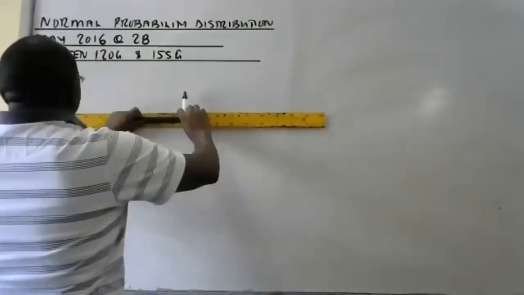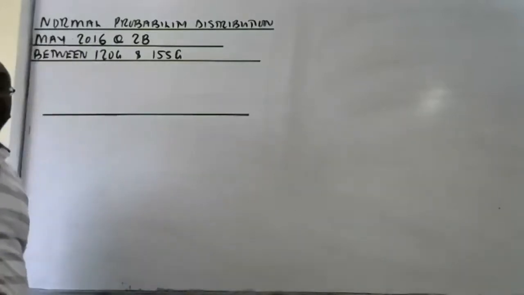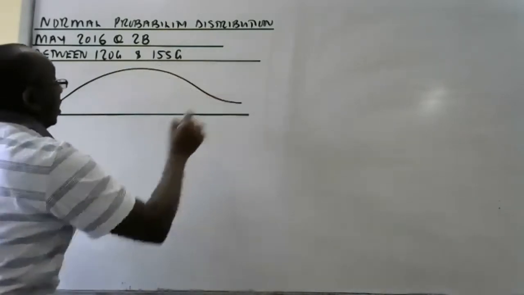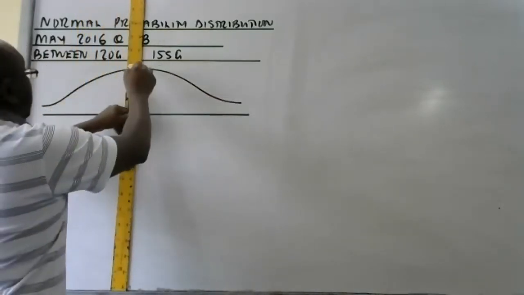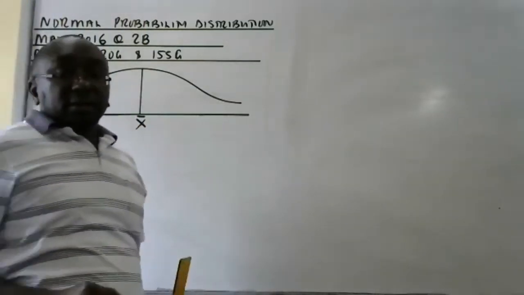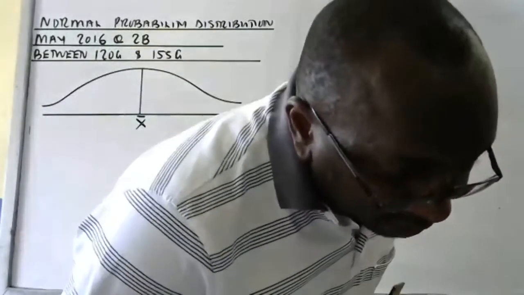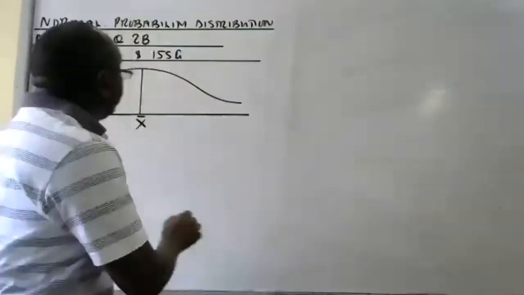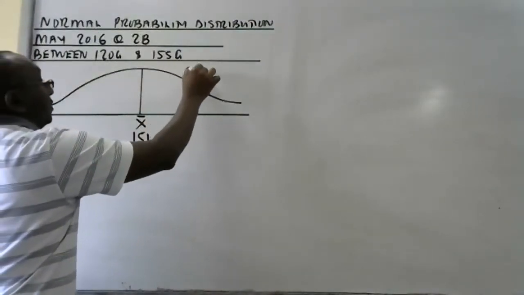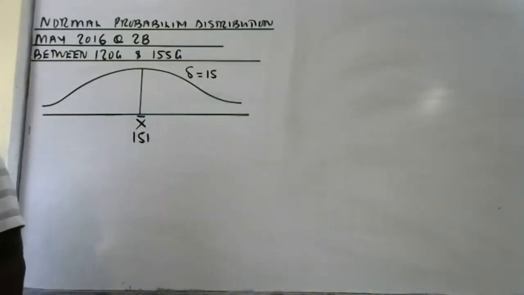So as usual, I have told you, you begin by drawing the normal distribution curve that looks this way. So here we have the mean, that is X bar, we are told we have a mean of 151. And we have a standard deviation of 15.